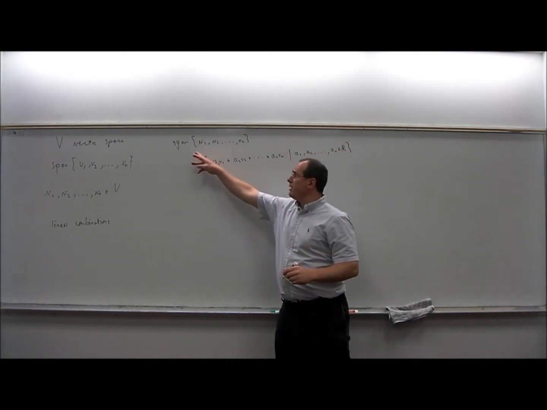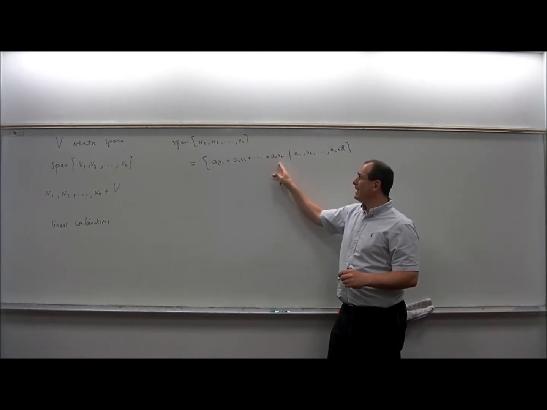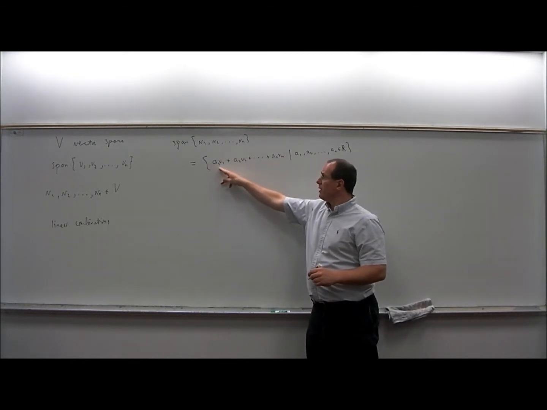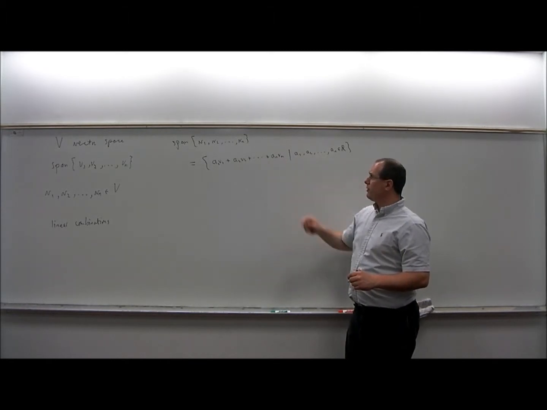So the span of the vectors is the set of all possible linear combinations of the vectors. This is the set of all, in words, linear combinations of the vectors V1 up to Vn.